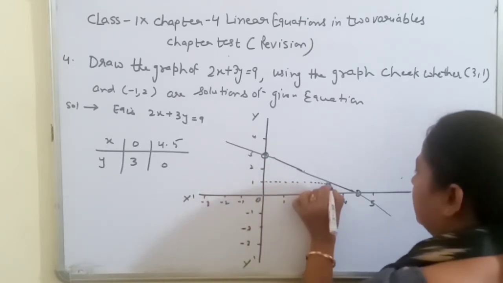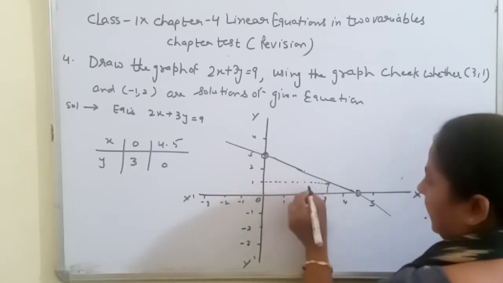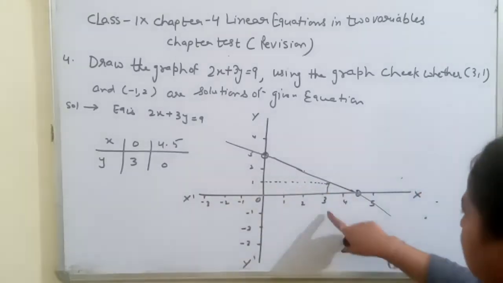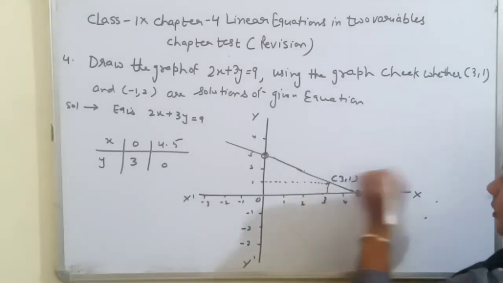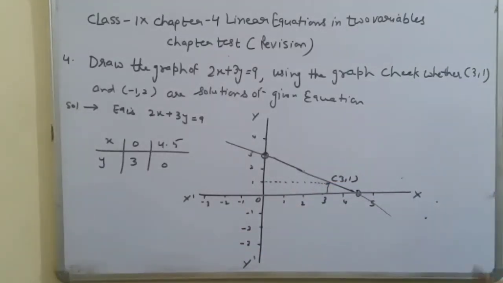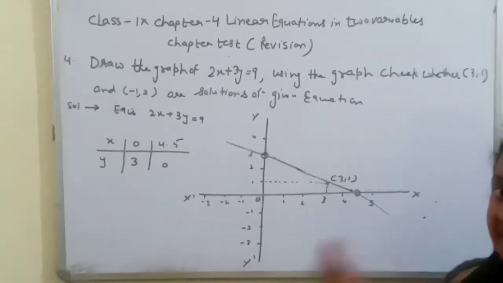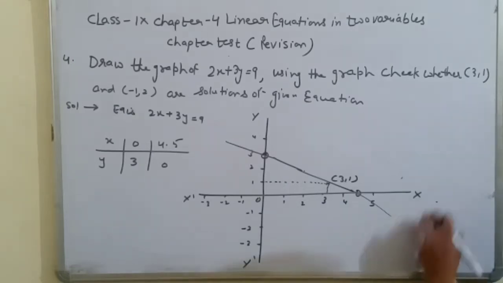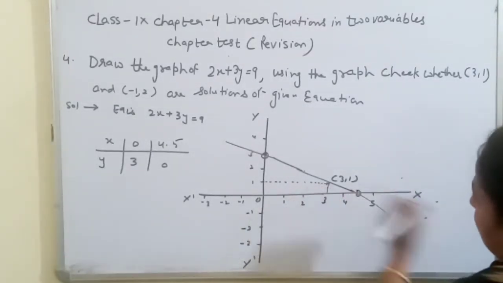You can see here at this point our x meets 3. Yes, we can say that x 3, y 1 is on the line. When you draw it on the graph sheet, you will get the exact solution. Because I am drawing freehand, there is a little bit of curve in the line.